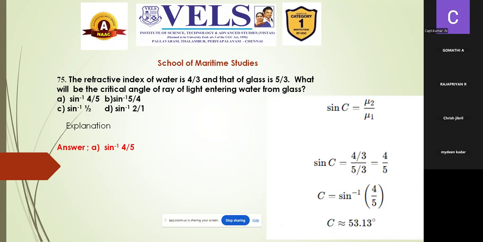So sin C is equal to 4 by 5. C is equal to sine inverse of 4 by 5. This is the answer. So the critical angle of a ray of light entering water from glass is sine inverse of 4 by 5.